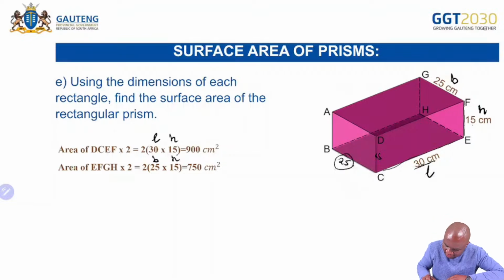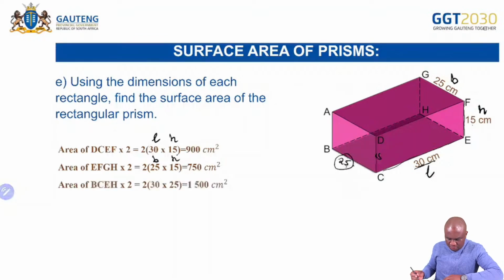So we have 30 times 25. But because we have two rectangles which are just the same, BCEH and ADFG, we just say times 2. So it's 30 times 25 times 2, which is length times breadth. Length times breadth.